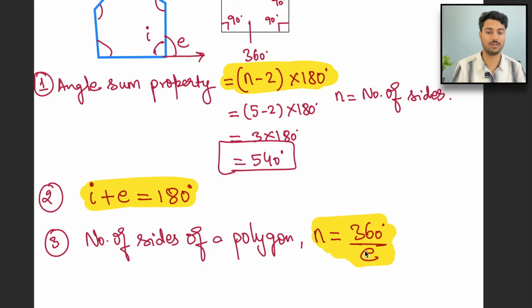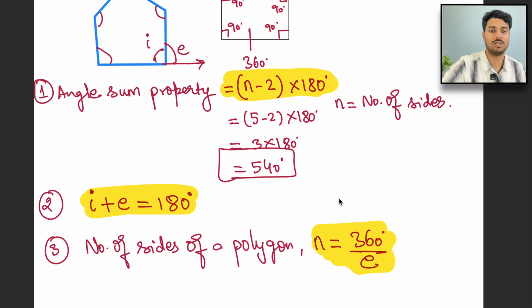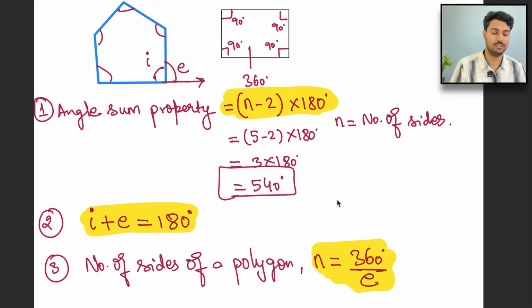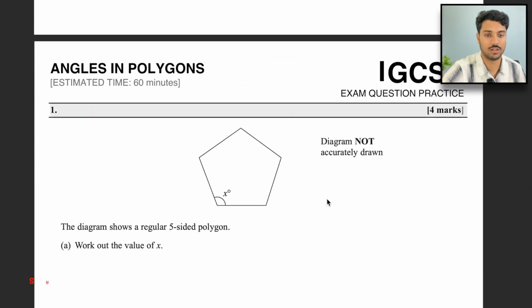Just remember these three formulas, and with these three formulas, we can solve any problem based on polygons. So now we'll do problem solving. If you have any doubts or confusion in this, you can surely write it in the comment section and I'll get back to you. So let's check the questions now.